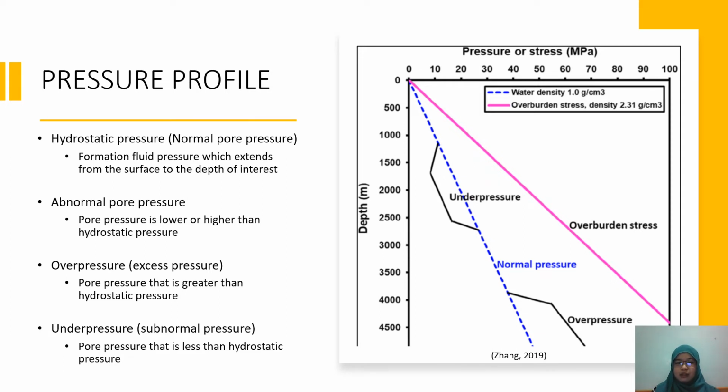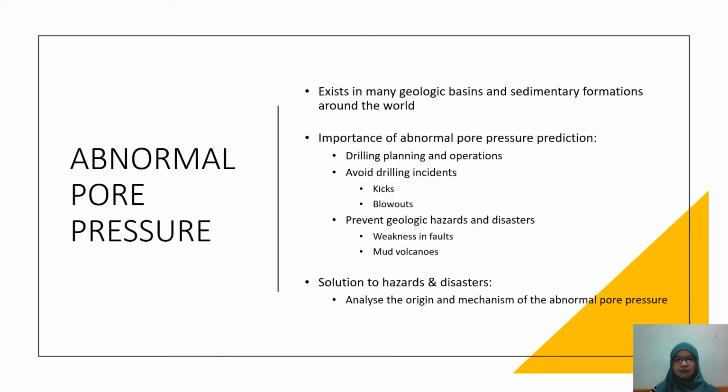The overpressure, also known as the excess pressure, is a pore pressure that is greater than the hydrostatic pressure. Meanwhile, the underpressure, also known as the subnormal pressure, is the pore pressure which is lesser than the hydrostatic pressure.